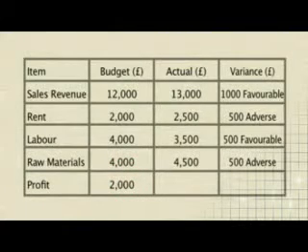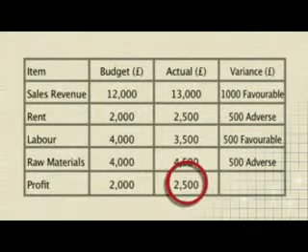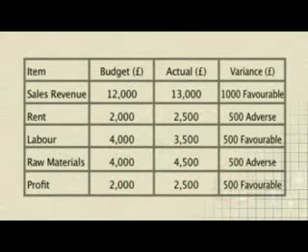For the actual figures, total costs came to £10,500. This taken away from £13,000 revenue gives us £2,500. So the difference between the two profit figures is £500. And because it's more than the budgeted figure for a profit, it's favourable.